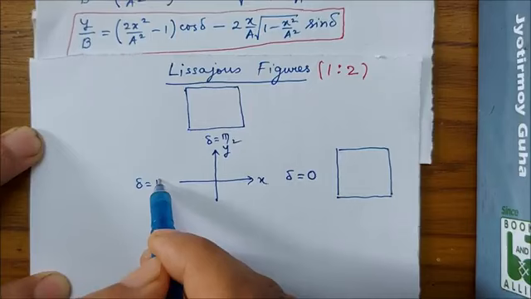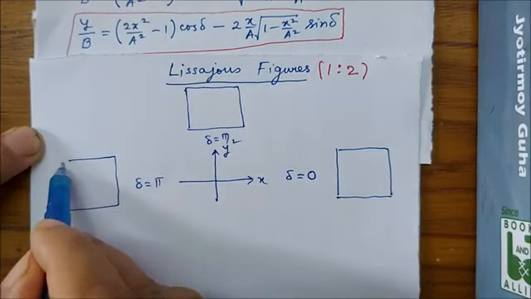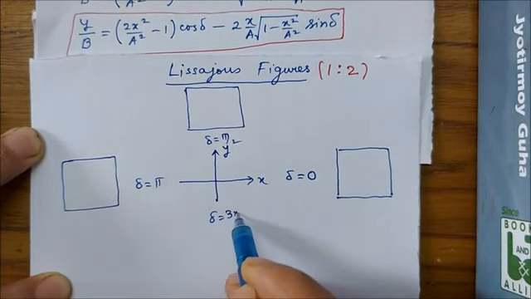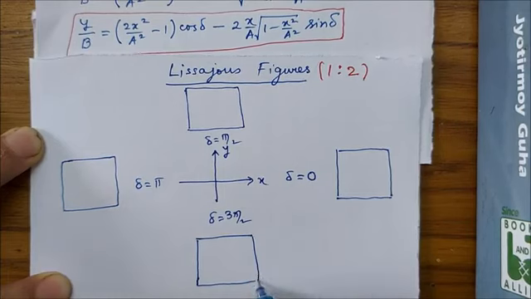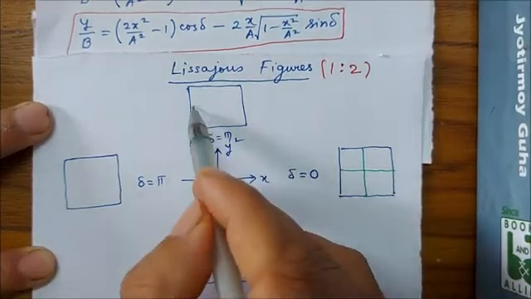For delta equal to pi, let us plot Lissajous figures here, and for delta equal to 3 pi by 2, we shall show it here, and these are the x and y axis.